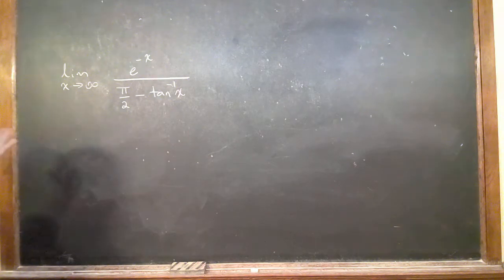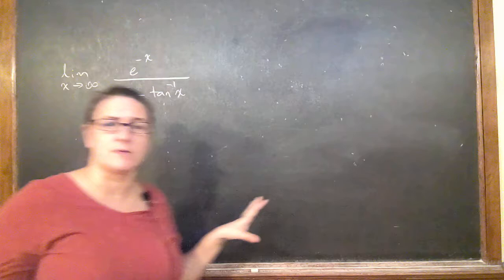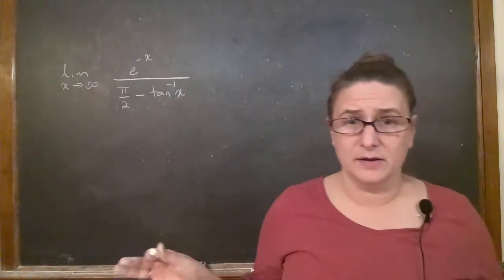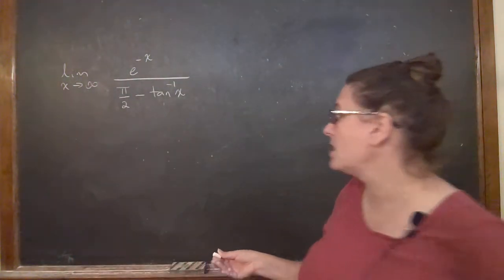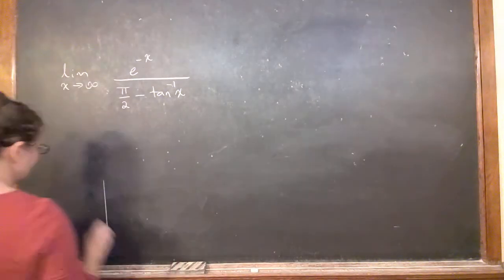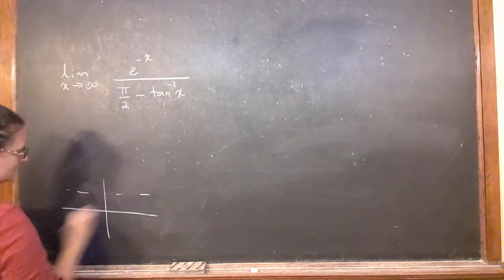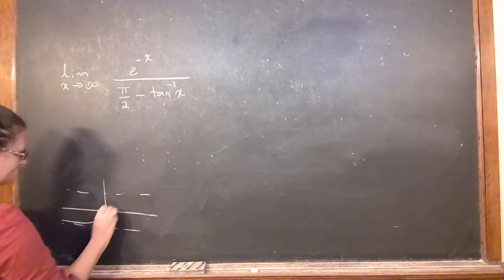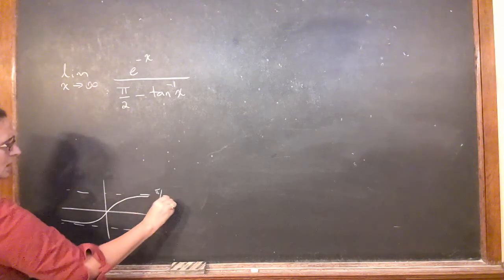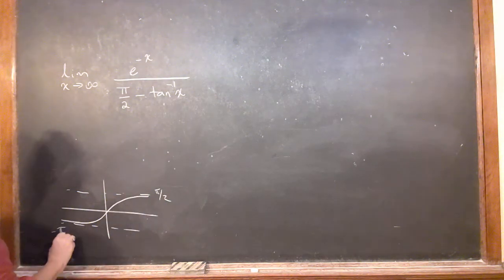So let's talk about that, but in fact, we should know because we talked about it, right? We talked about inverse tan, and what inverse tan does at infinity. If I draw the inverse tan function, it's got those two asymptotes, pi over 2 and minus pi over 2.